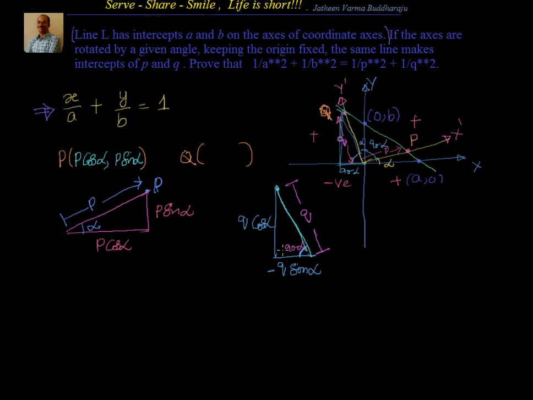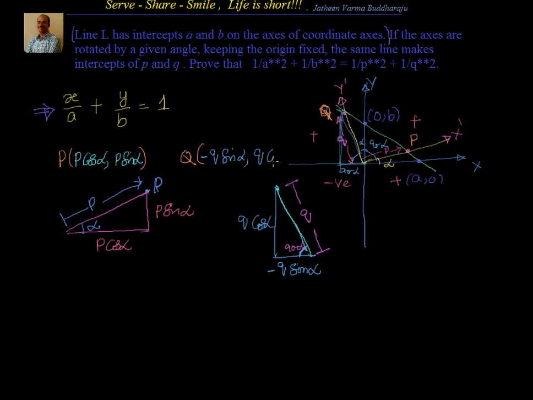So this is q cos alpha. So this should be q sin alpha. Only the thing is x is negative. So this becomes minus q sin alpha comma q cos alpha. So my coordinates are, let me just put down those coordinates. The coordinates becomes now minus q sin alpha comma q cos alpha. I hope you are okay with that.